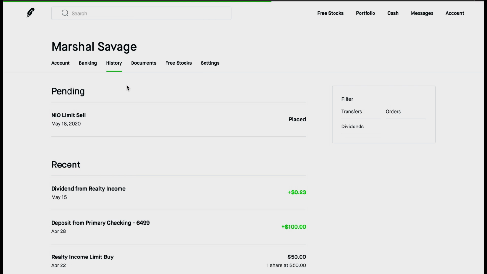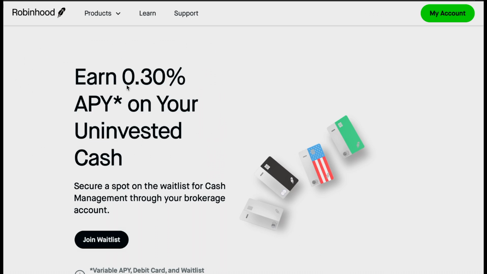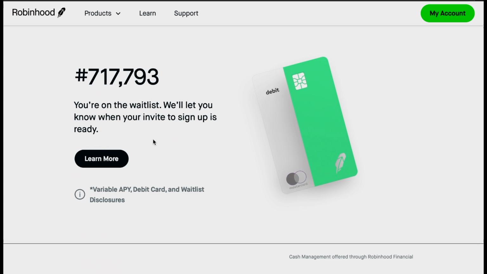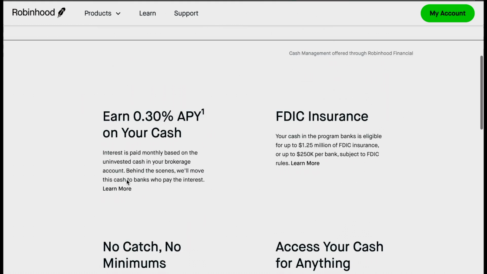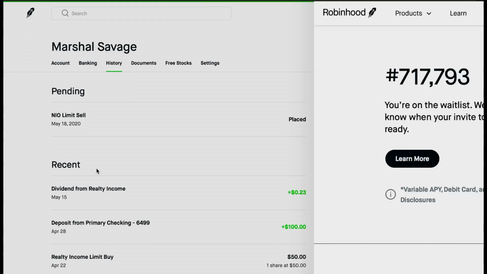They do have a cash management system. Currently it's at 0.3%, and I'm number 717,000th in line, so it may likely be a while before I get that.